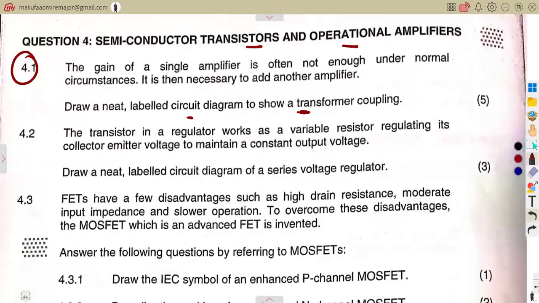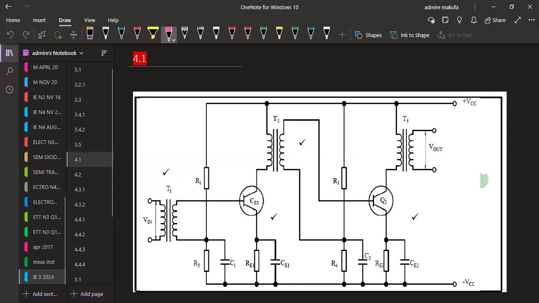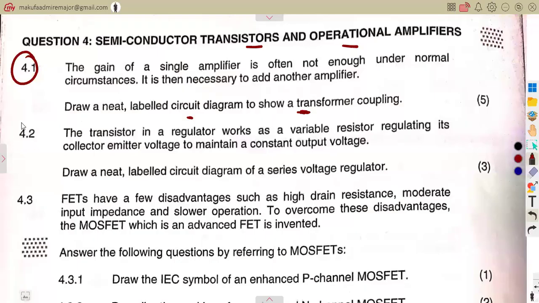So this is what you need to have in your syllabus, guys. Make sure that you indicate all the transistors properly for this coupling that we are given, which is our transformer coupling. And that's it for 5 marks.